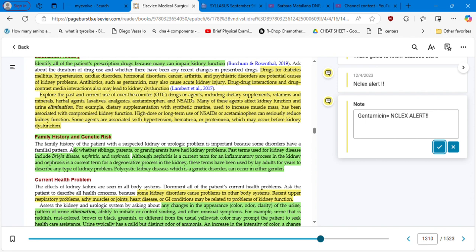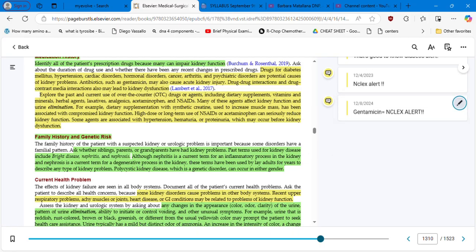For example, dietary supplements with synthetic creatine used to increase muscle mass. That's another one. That's a big one because everybody's using this type of supplement right now to increase muscle mass. It has been associated with compromised kidney function. High dose or long-term NSAIDs and acetaminophen have seriously reduced kidney function.